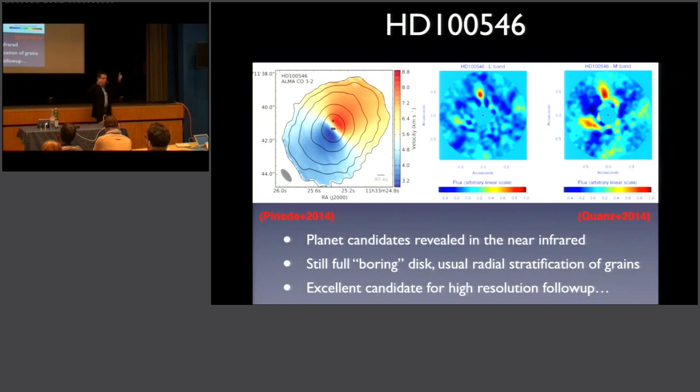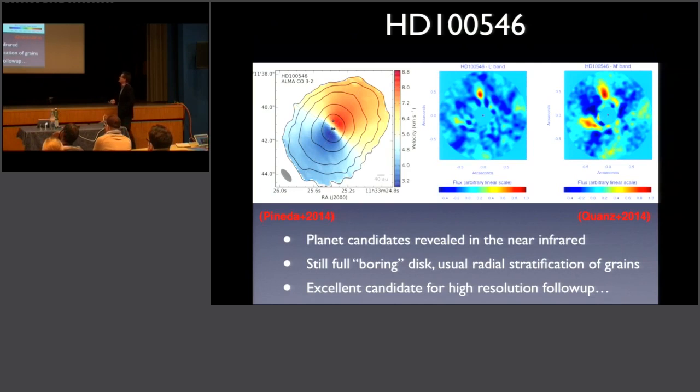Another boring disk that is not that boring is HD 100546, in which in the very inner regions, through adaptive optics, the presence of two blobs was detected, which you see here, which could be possible protoplanets or young planets at a distance which is fairly large from the star.